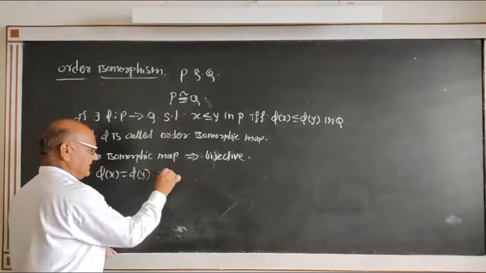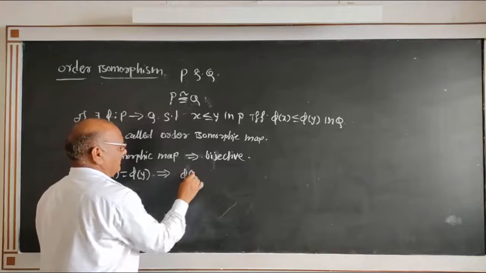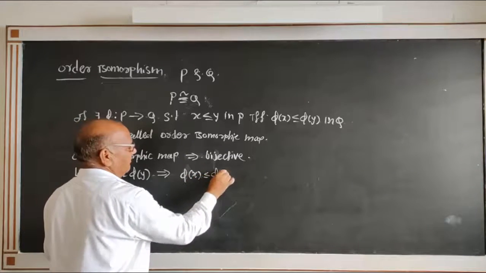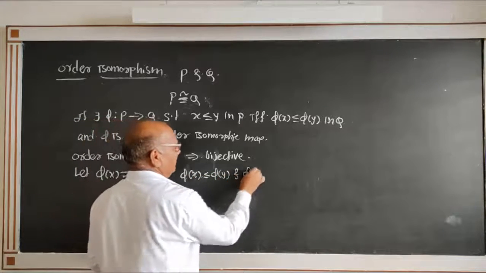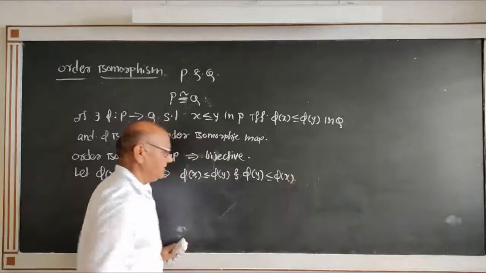This implies phi of x related to phi of y and phi of y related to phi of x, by antisymmetry.